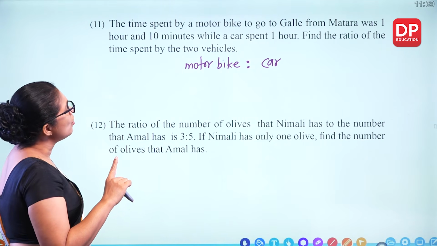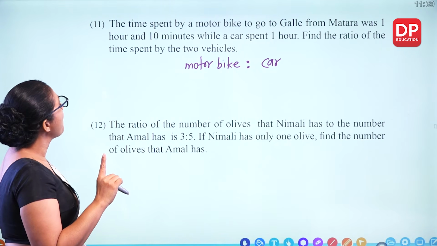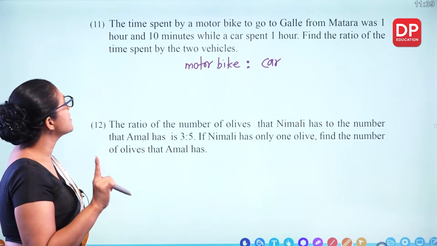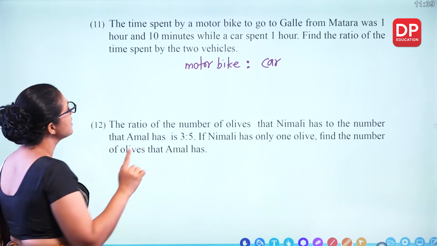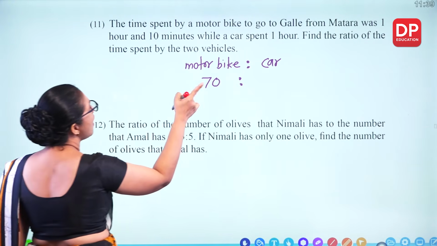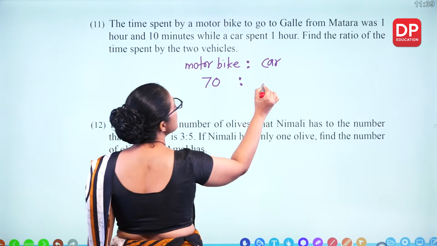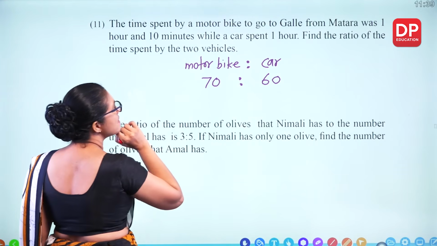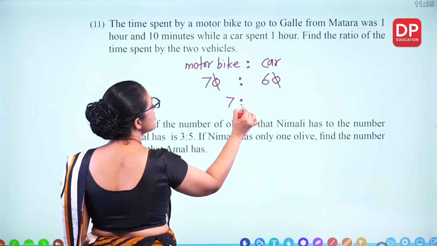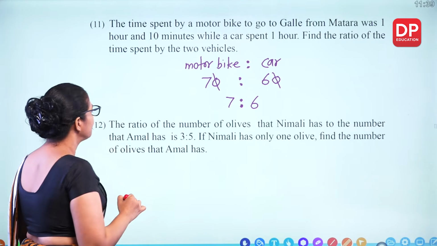We'll convert to minutes. 1 hour, 10 minutes. 1 hour means 60 minutes. 60 plus 10, this is 70 minutes. And for the car, 1 hour means 60 minutes. Divide by 10, you get 7 to 6 ratio.